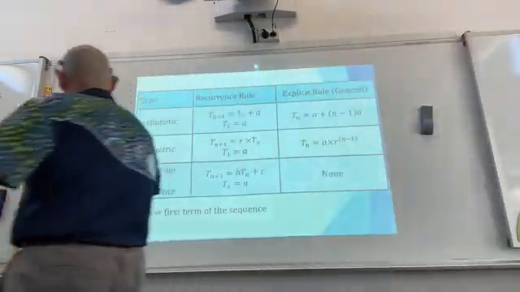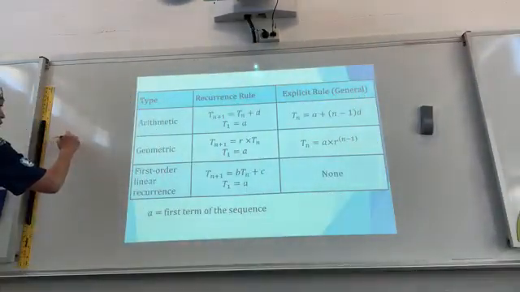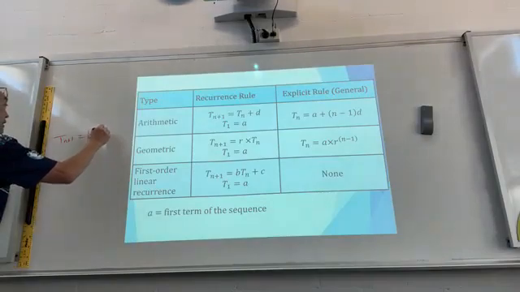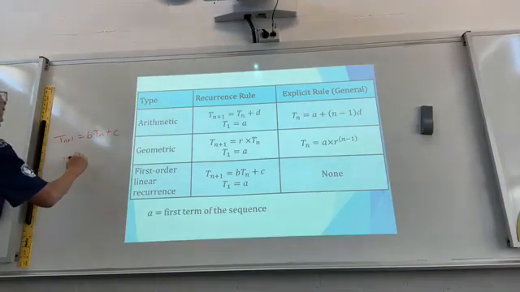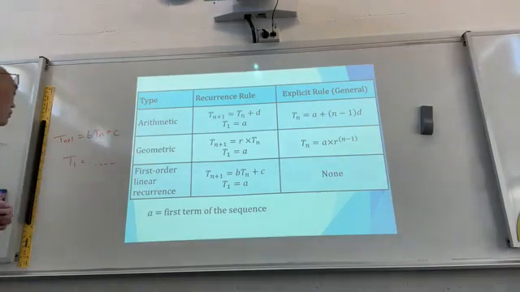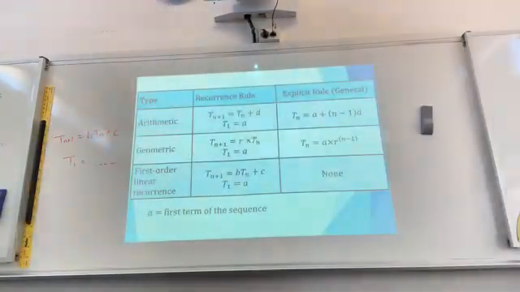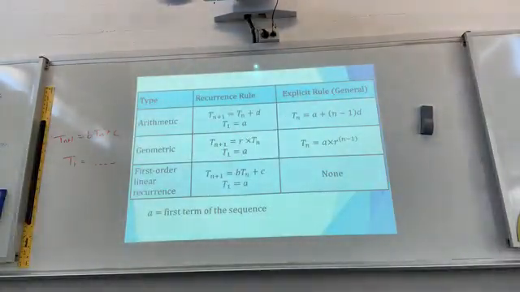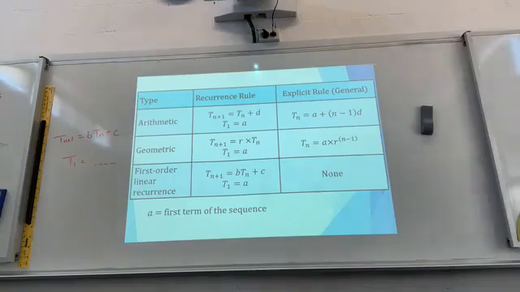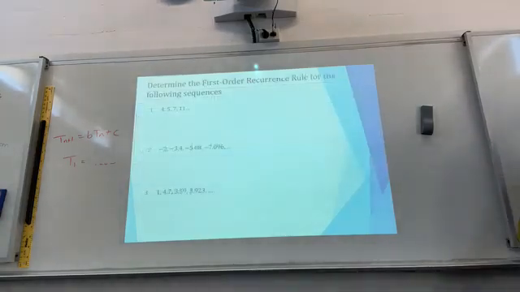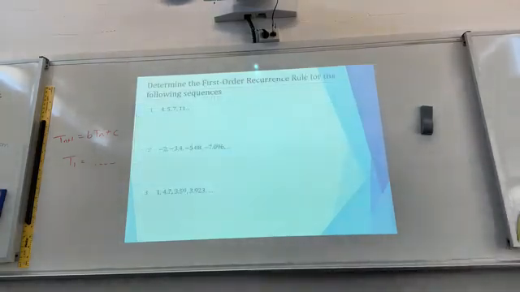So you need to use Tn plus 1 equals B times Tn plus C, and T1 equals something. You can do it by simultaneous equations, or if you like, use the first order difference, then find the ratio. It is up to you. I'll give you about 3 to 4 minutes to work on the 3 questions.